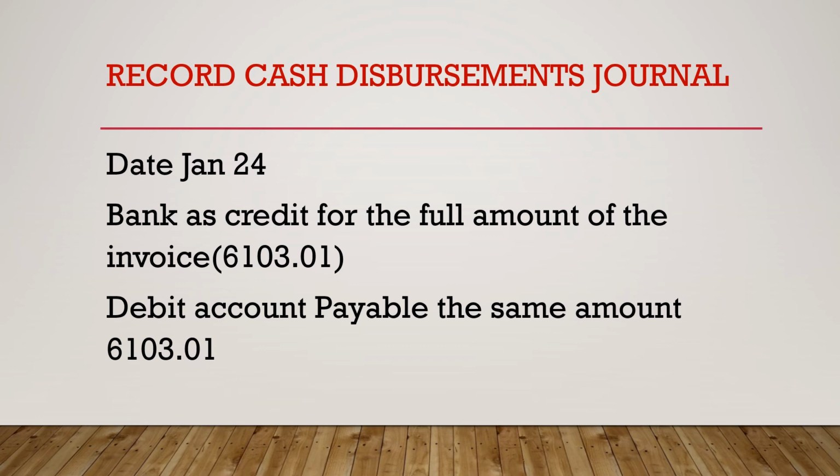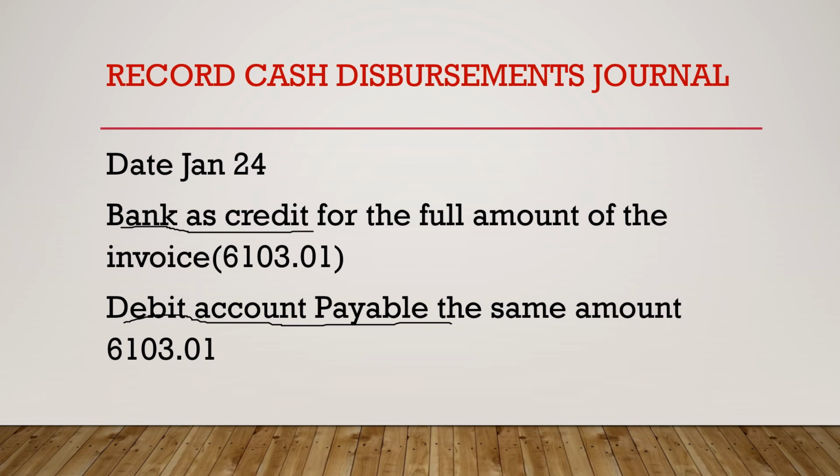You also record the bank as credit. The amount that is used to pay that invoice will be credited for the full amount of that invoice, which is 6,103.01. Another thing that you will do in this process is debiting account payable.